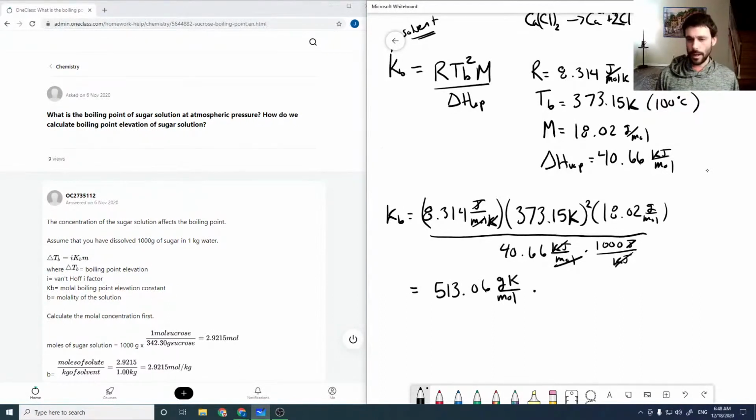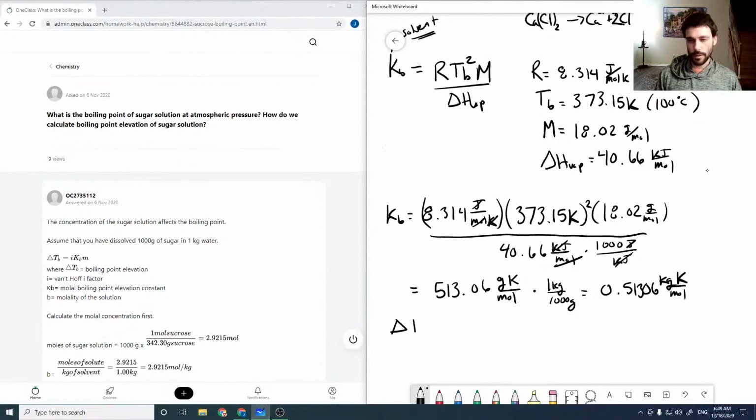Or if we multiply by a kilogram per 1,000 grams, 0.51306 kilogram Kelvin per mole. And now if we return to our temperature change equation, then we have pretty much all the factors we would need for a sugar solution.